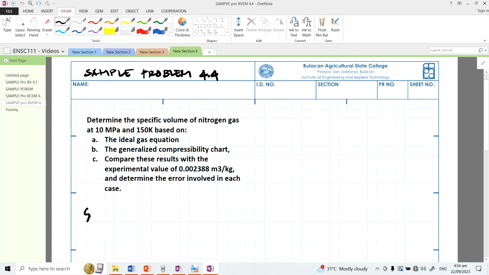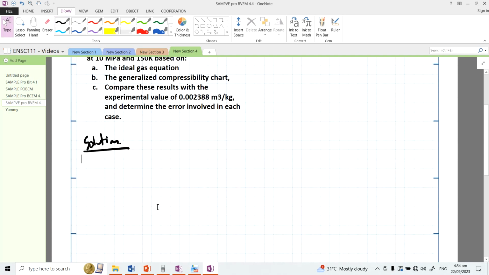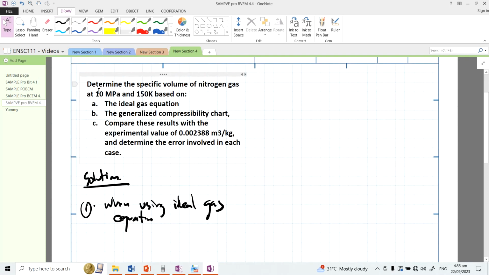Okay, so for the solution, maybe we can go straight to the computations. When using the ideal gas equation, our form would be the specific volume form.